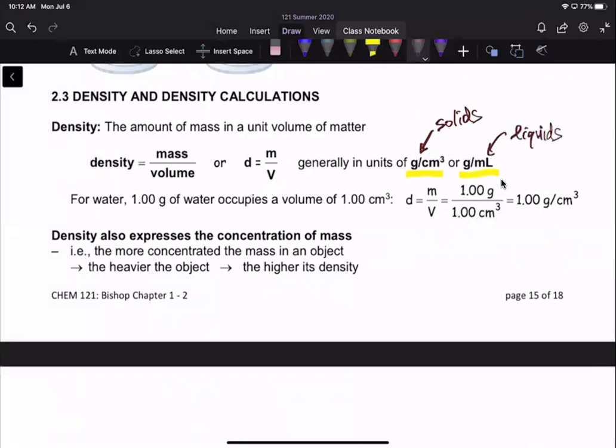And if you remember from volume, 1 centimeter cubed is how many milliliters? Yeah, you can just convert between those. The values are equal. So when we think of the density, we're thinking about how concentrated is that mass.